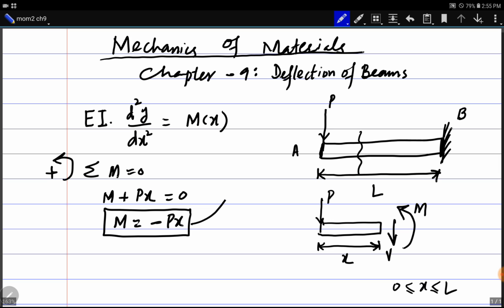This M can be inserted in this expression and then we can integrate it twice to calculate y. So let us do it. Simply put M equal to minus Px in the above expression. Now we can integrate this expression twice. How we can do it?